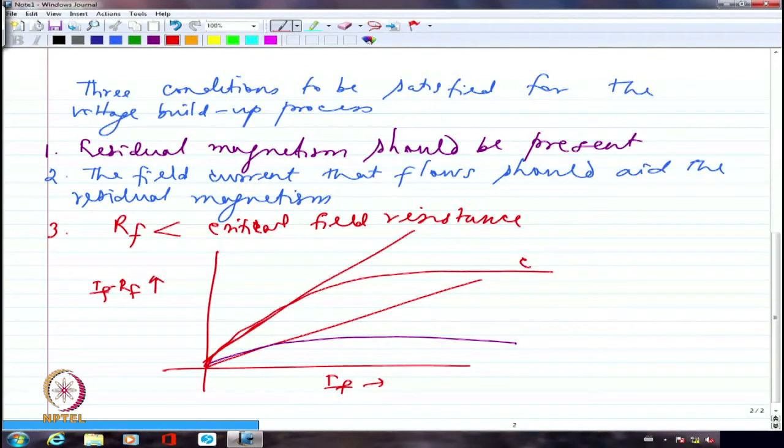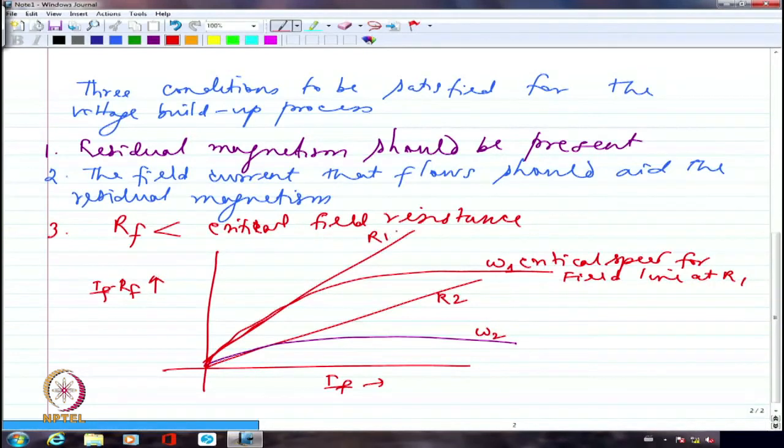So this is the critical speed for field line at say R1. I may say this is R1, so this is omega 1. Maybe this is R2, and let me call this as R1F, R2F. I am talking about resistance of the field, so I am writing R1F and R2F and so on.